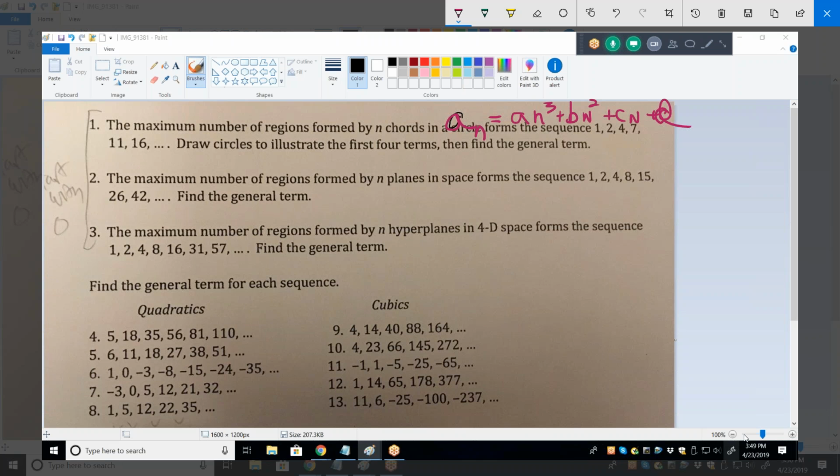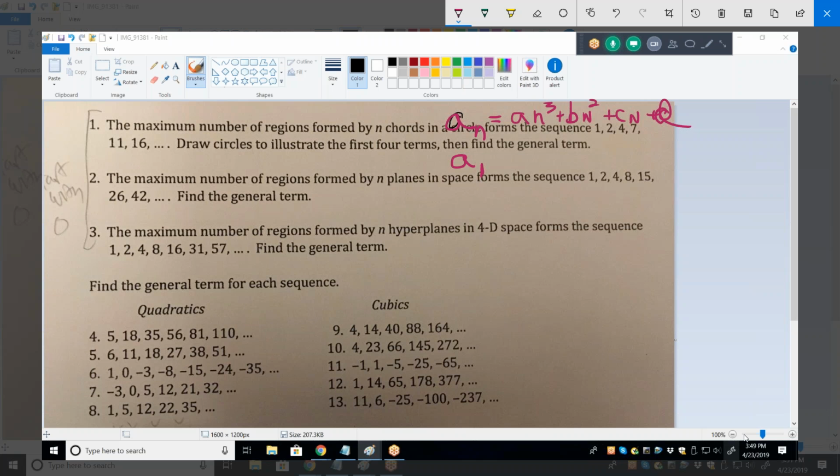Okay, so let's always start with 1 and see if that gives us the first term. Sometimes you might have to start with 0, but that's usually something that's exponential in nature.